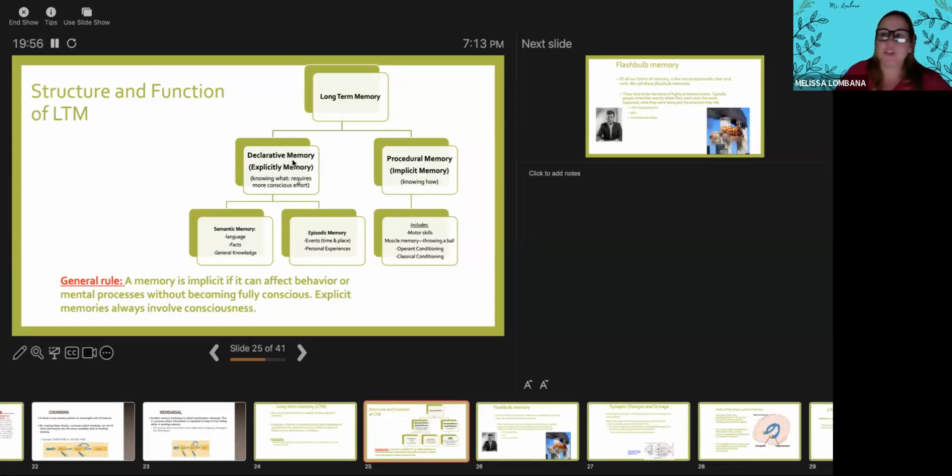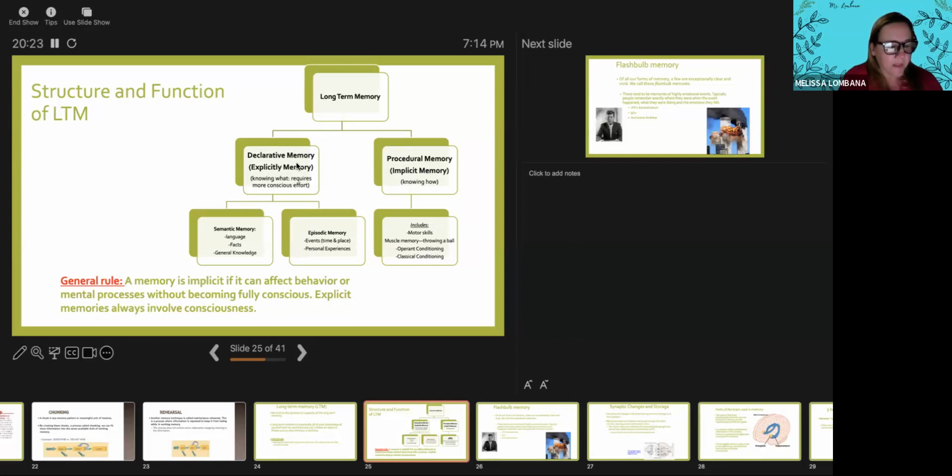Okay, so declarative memory can also be called explicit memory. They can use either, but just know both of them. Declarative or explicit memory is basically any type of conscious effort to remember, to store something. So we do this in two ways.